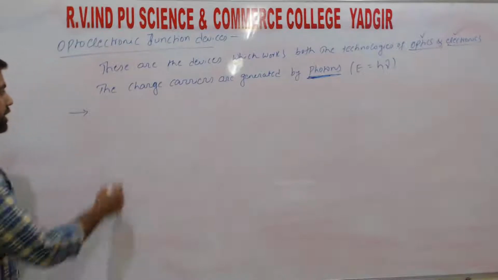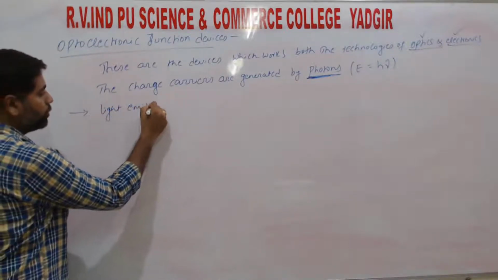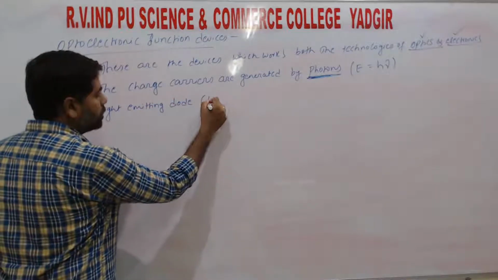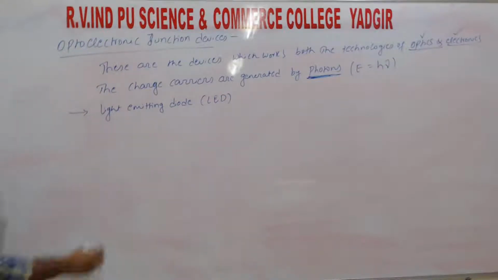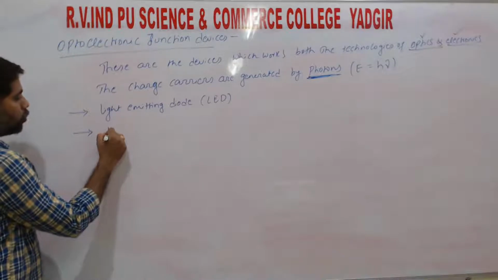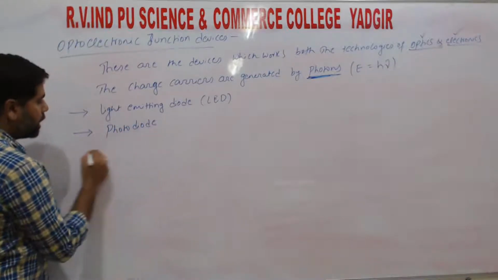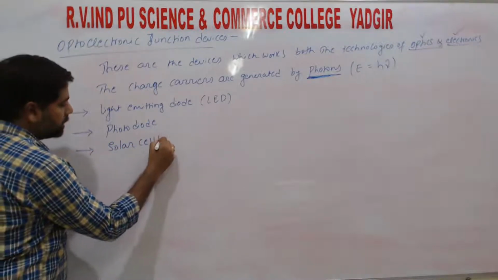In that, the first one is the light emitting diode, which we call LED. The second one is the photodiode, and the third one is the solar cell.